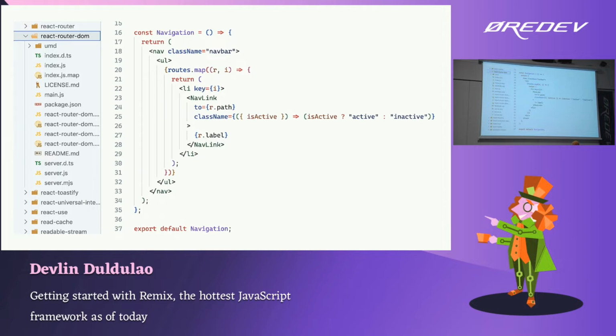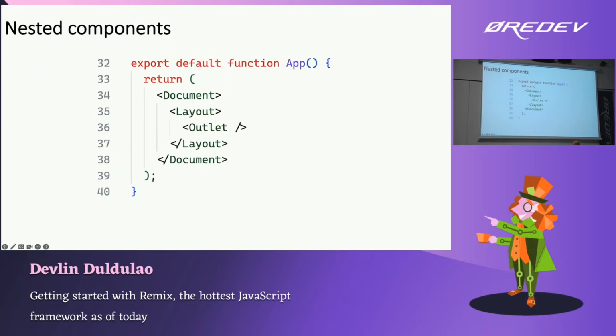Remix routes work using the partial routing feature provided by React Router. You can see it here: if you create a boilerplate of Remix and look into the node modules, it's included right from the start. With this approach in mind, we can highlight the following benefits, because in React we normally use React Router.